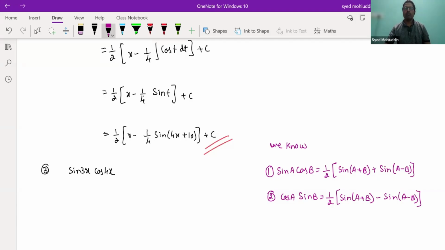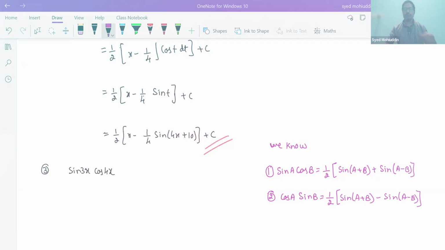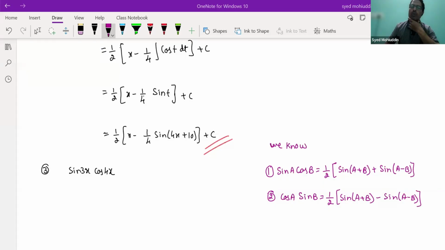In the same way, we'll go for the other set of formulas when you are having both cos and when you are having both sin.